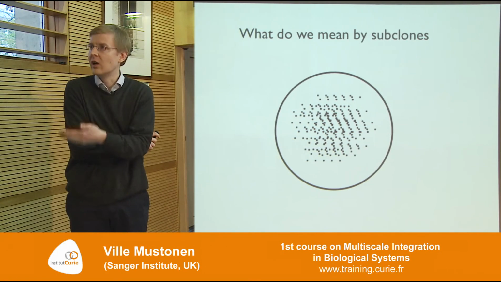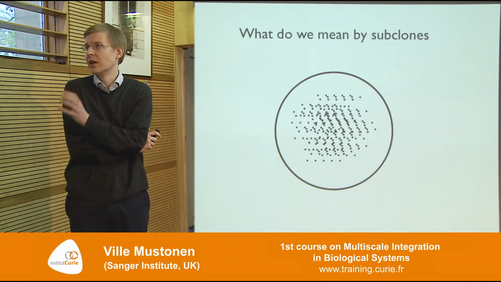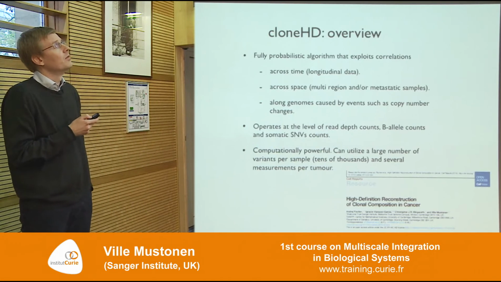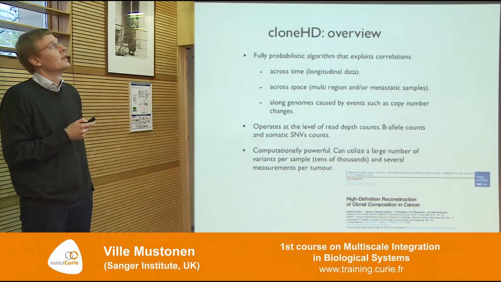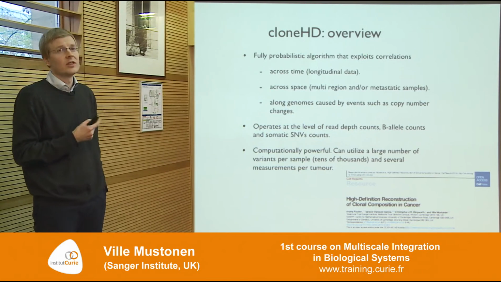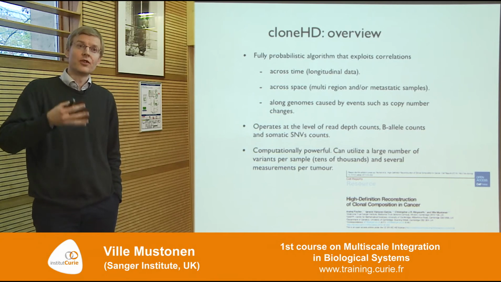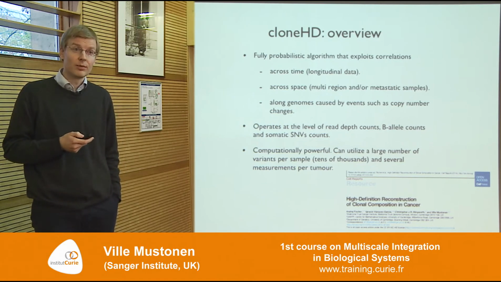That's the counting exercise we have to pull through to understand something from this data. So we have developed an algorithm for it called cloneHD. This is the one we also used for the demixing of the yeast population.